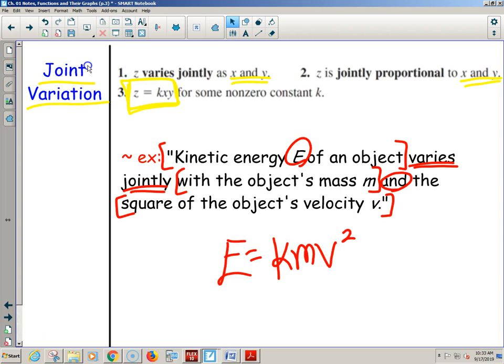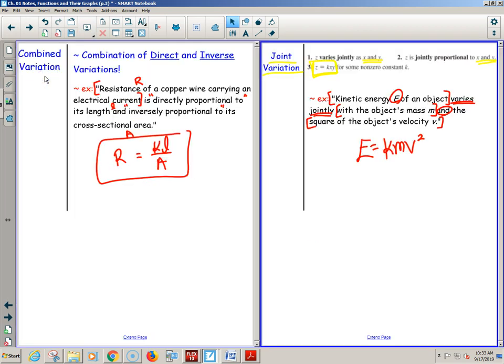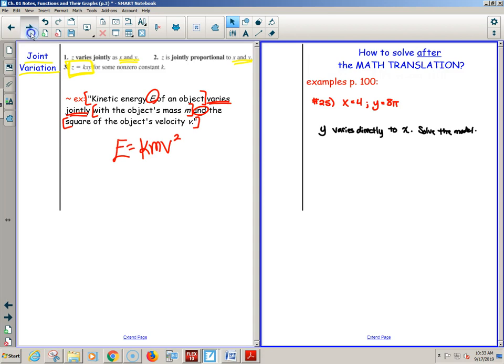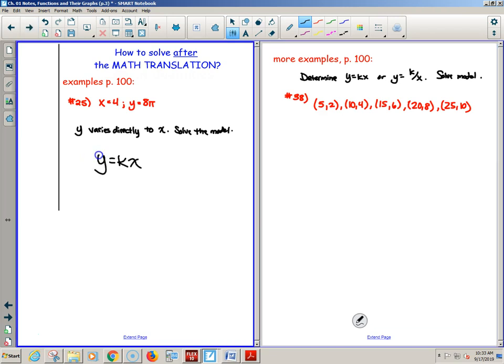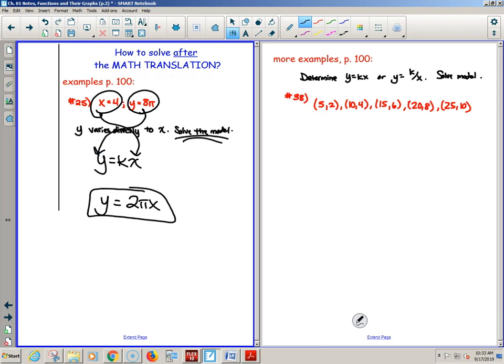So if I was to put up on the board a couple examples like homework, and if we were to have tons of time, what would they want you to do in something given clues? Not just make the model, but then take your clues and plug it in, right? But then this one just says to solve. So we would be done once we get down to y is equal to 2 pi x. We're like, yeah, let's solve the model, no big deal.